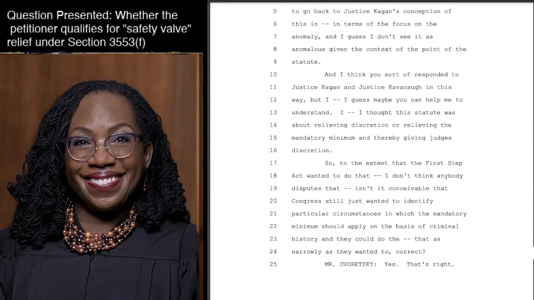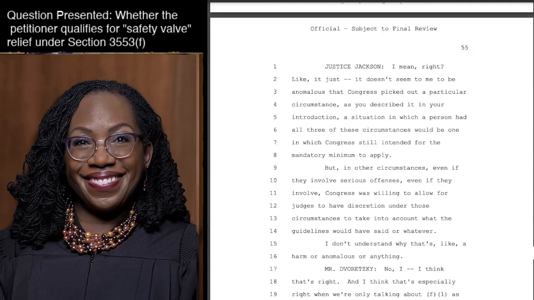So to the extent that the First Step Act wanted to do that, I don't think anybody disputes that. Isn't it conceivable that Congress still just wanted to identify particular circumstances in which the mandatory minimum should apply on the basis of criminal history, and they could do that as narrowly as they wanted to, correct?